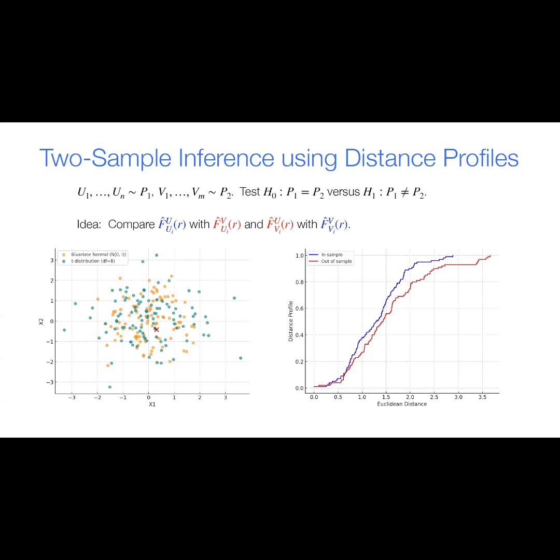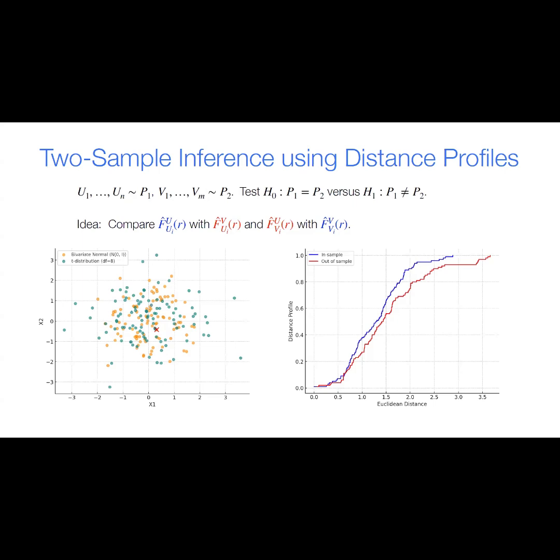And I will again motivate the problem with a toy example. Here we have two distributions. This is the standard normal distribution and the t distribution with 8 degrees of freedom. And if you look at this highlighted point, I have plotted its in-sample distance profile versus its out-of-sample distance profile in the right plot.